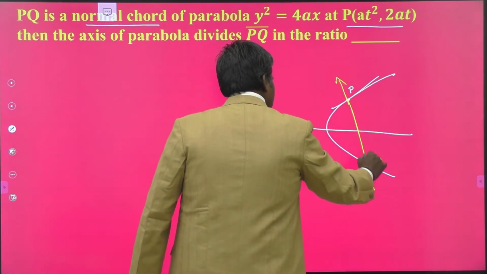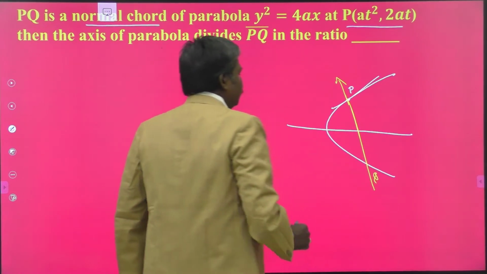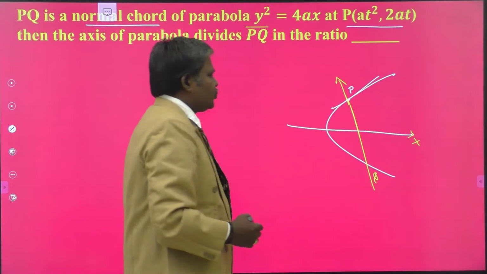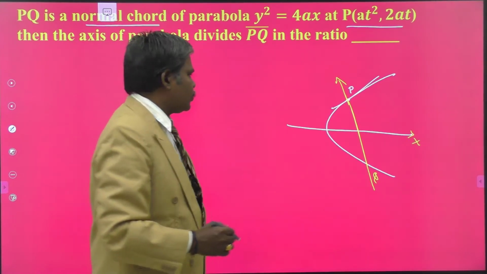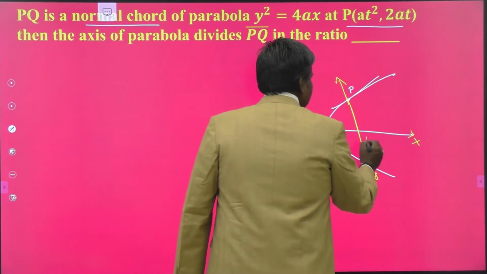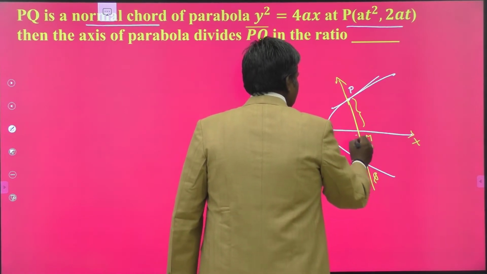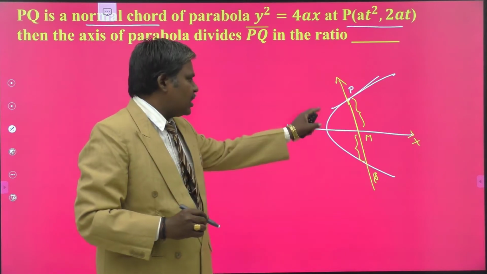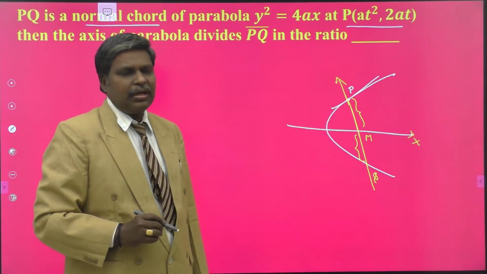This normal chord, that is PQ, is divided by this x-axis in what ratio? That is the question. So we have to find out the ratio of PM to MQ, where M is the point of intersection of the normal with the axis of the parabola.